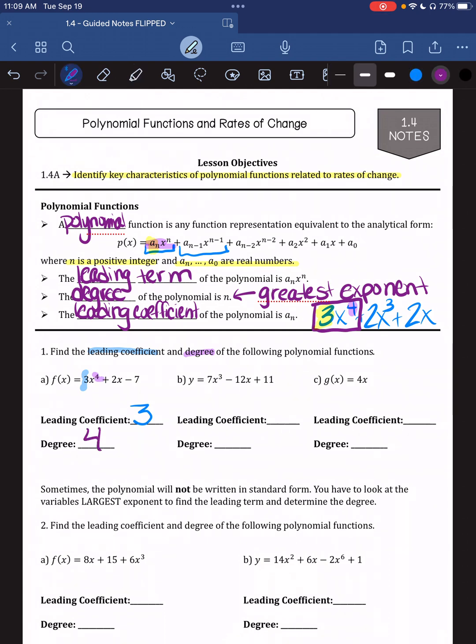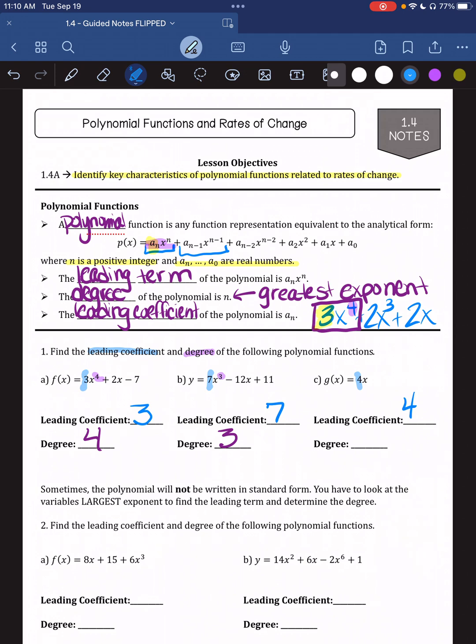If you want to pause to try the next two, feel free. All right, so the next one, leading coefficient, again, number there, not the whole term, so that would be 7. And then degree, again, highest exponent, so that's going to be 3. And the last one, leading coefficient, not whole term, in this case is 4.